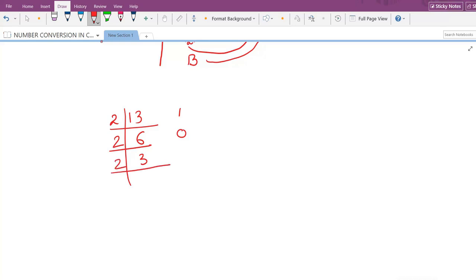Again 2 1s are 2, so 3 minus 2 is 1, and finally it is. So you have to show this clean method in the exam.